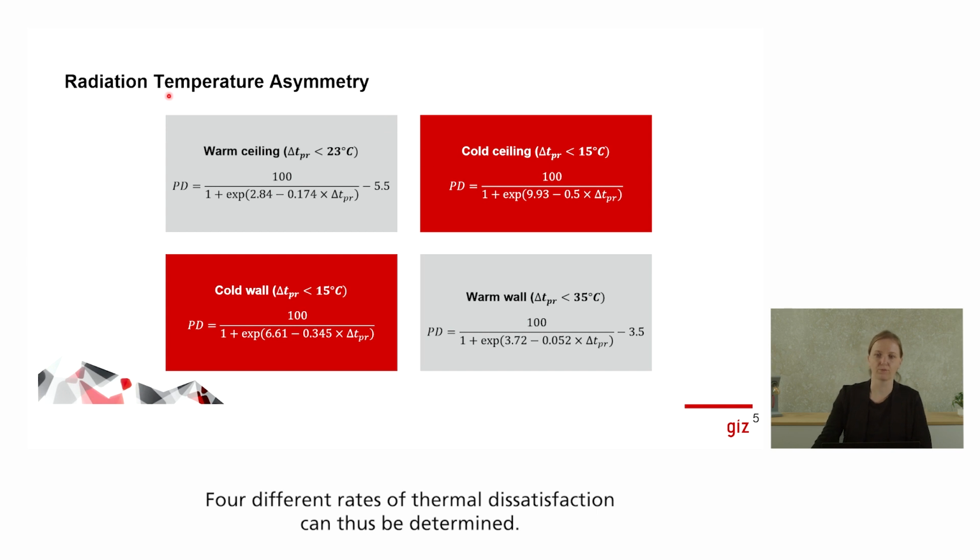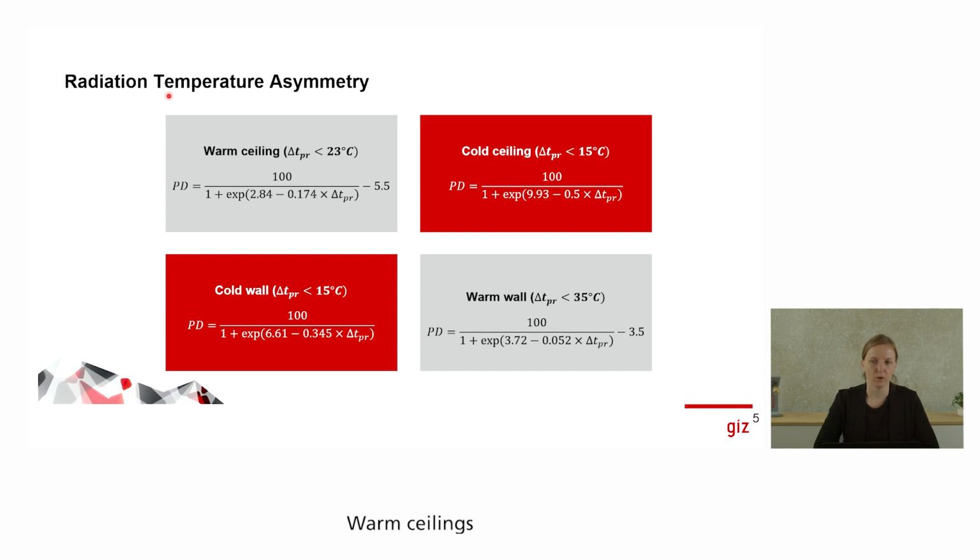Four different rates of thermal dissatisfaction can thus be determined. Warm ceilings and cold walls result in the most critical conditions for thermal comfort, as even small temperature differences lead to a high percentage of dissatisfied people.